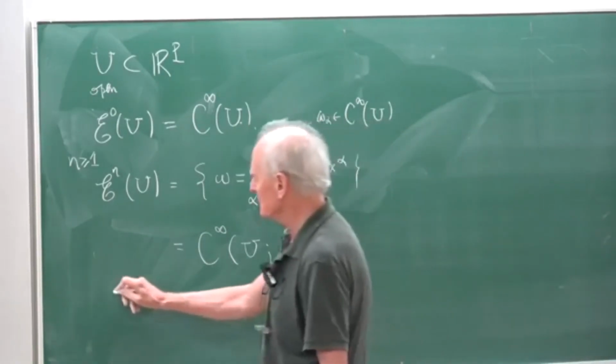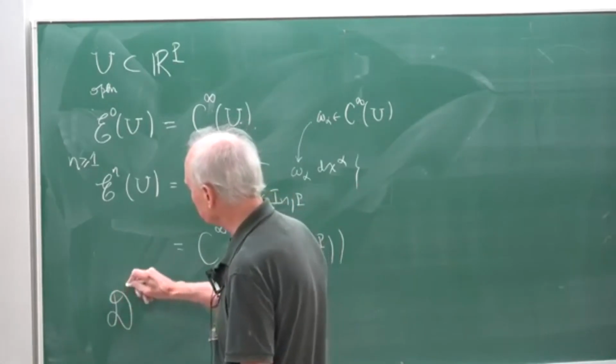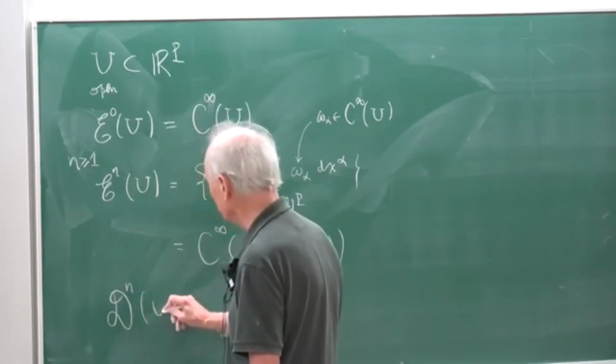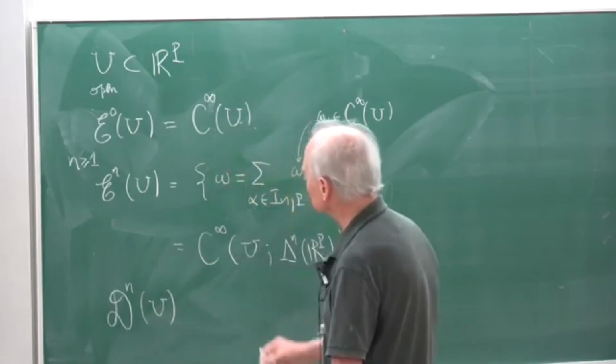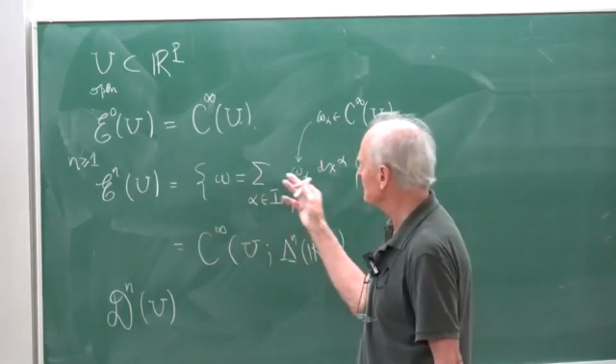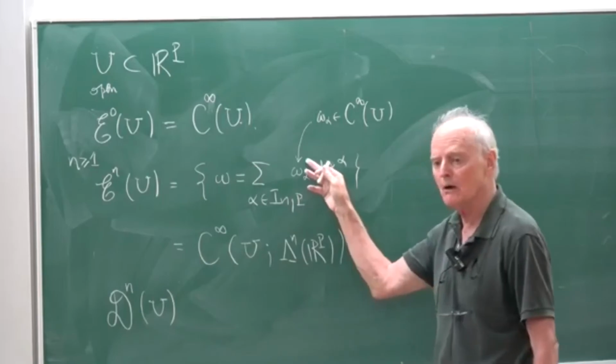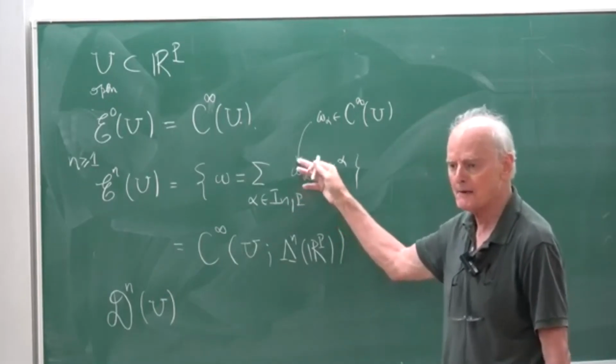So that's what we mean by forms. And then for us, a much more important space is the space D n of U. That means the elements in this such that each omega alpha has compact support.